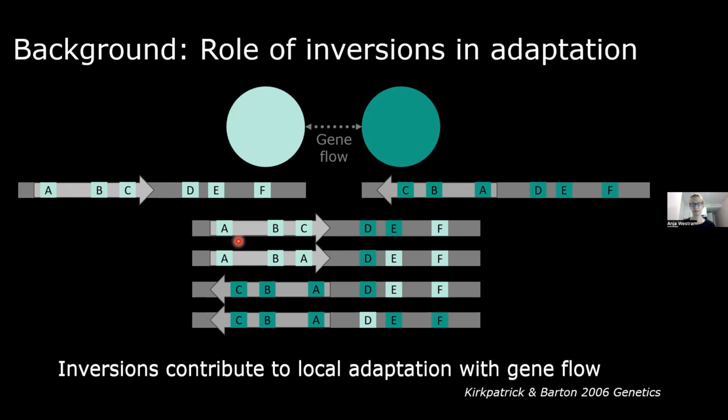This means that in these situations with gene flow, it's better to have the chromosomal inversion that basically fixes all your locally adapted alleles in a block that isn't broken up by recombination. And so this is why inversions are supposed to contribute to local adaptation and to be favored in such situations. And of course, the results that we find are supporting these predictions from theory that were made in 2006 already.